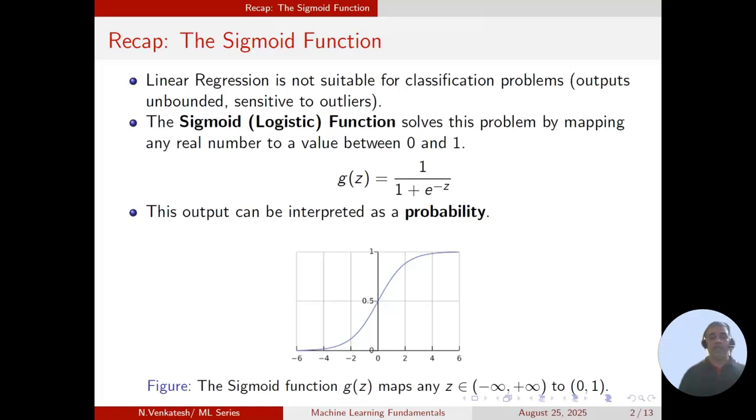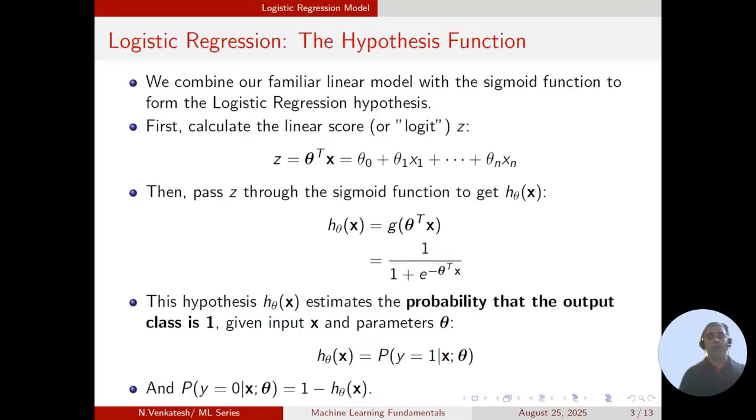And we have defined a new hypothesis as a combination of the linear model and a sigmoid function, that is s theta of x as 1 by 1 plus e power minus theta transpose x, where this s theta is defining the probability of output class 1 given x and parameters theta.